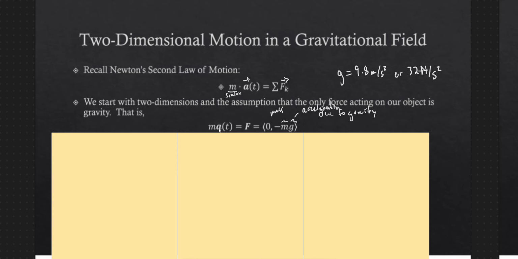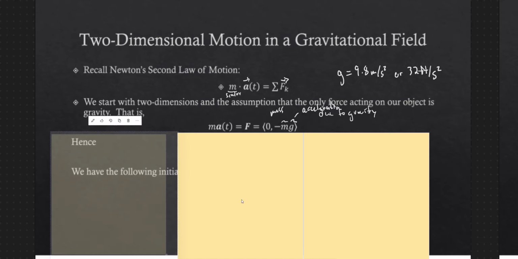That tells us mass times our acceleration vector is equal to this vector, 0 minus mg. Why does my vector look like this? Well, because force acts in the downward direction, and that is why we're seeing minus mg in the y component of this vector. The y component is describing the up and down motion of the object, whereas the first one is the left to right, or lateral, motion of the object.